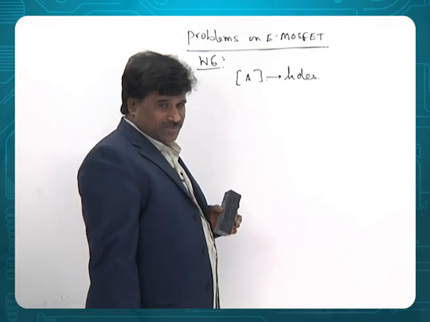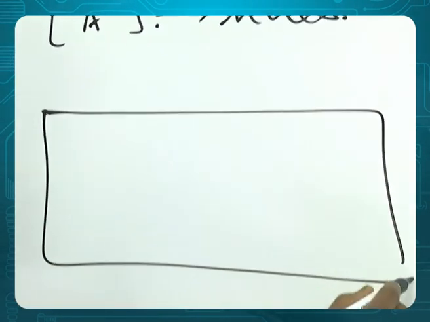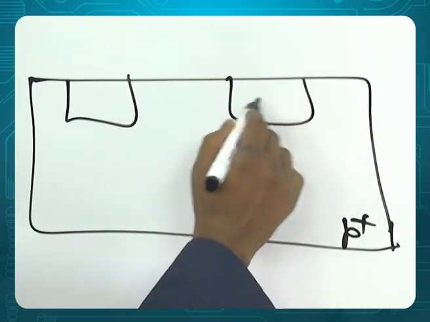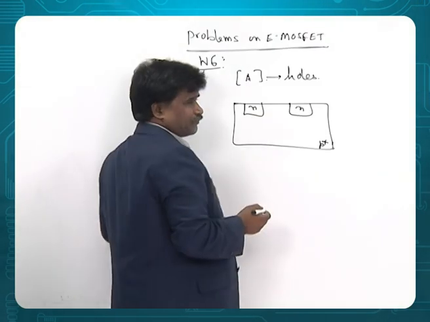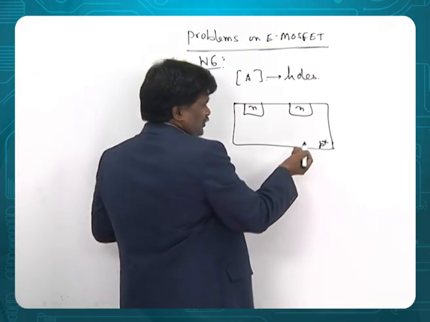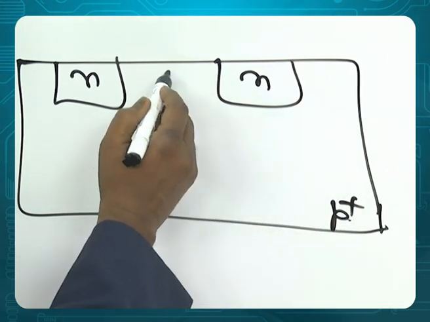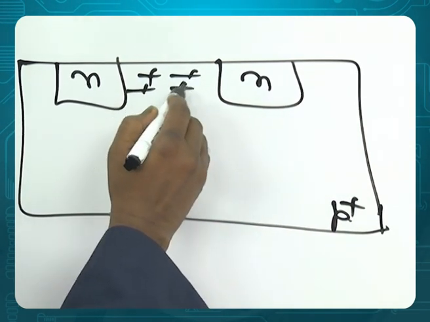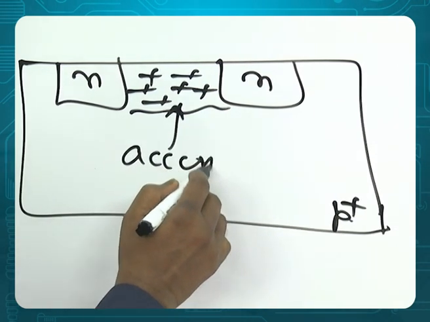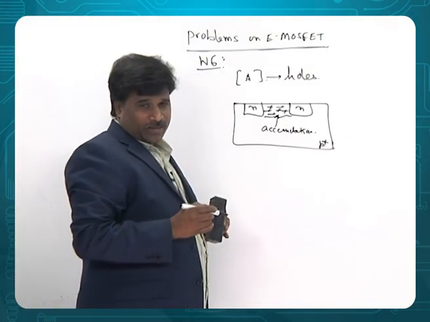So when you have a P substrate, for example, this is P substrate, and you have N here. Now how does the accumulation of charges come? When holes come, that means they got accumulated. We call it accumulation.